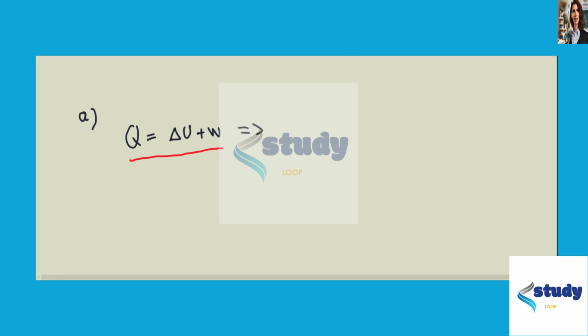Now, internal energy is not dependent on the path, so we can easily evaluate it just using the start and the end point of the path. So only the beginning and the end of the path are important for the value of the internal energy change.